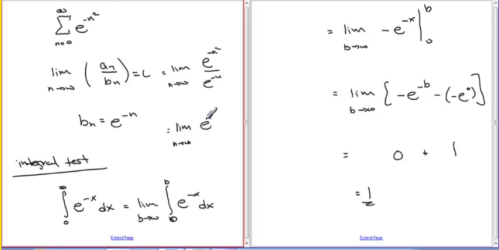If you take the reciprocal in this, you get e to the positive n. Then you add the exponents, and you get e to the negative n. And the limit as n goes to infinity, this is 0. So L is 0. It has to be finite and positive. So it's not positive, so that's a problem.